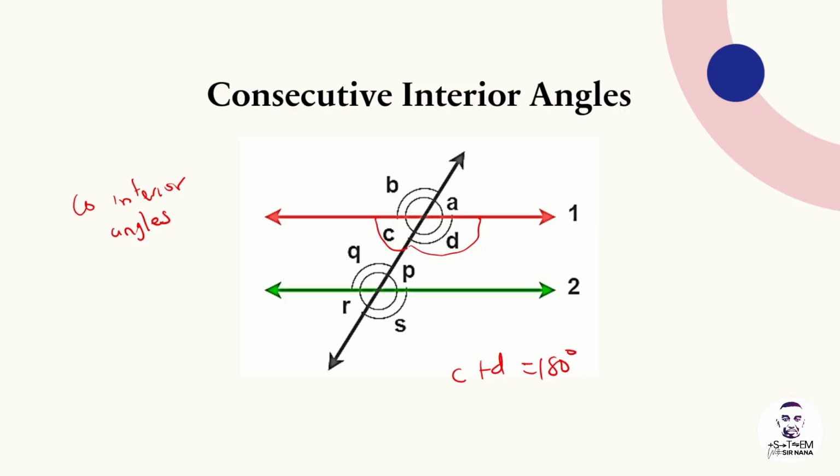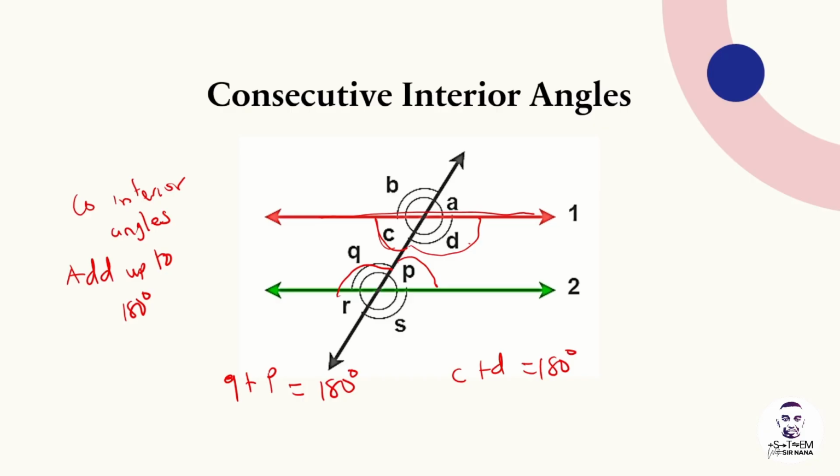So co-interior angles, the whole thing is that they add up to 180 degrees because mostly they are on a straight line. So you see that it's on a straight line here. So C plus D adds up to 180 degrees. And then we also have Q here plus P here. So we can say that Q plus P adds up to 180 degrees. So these are co-interior angles.